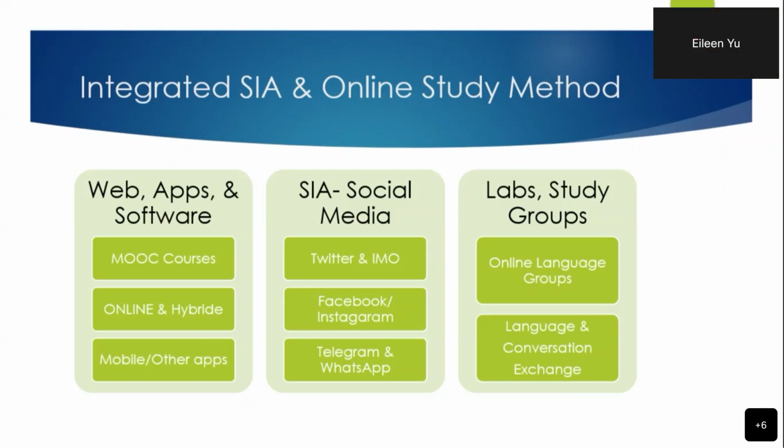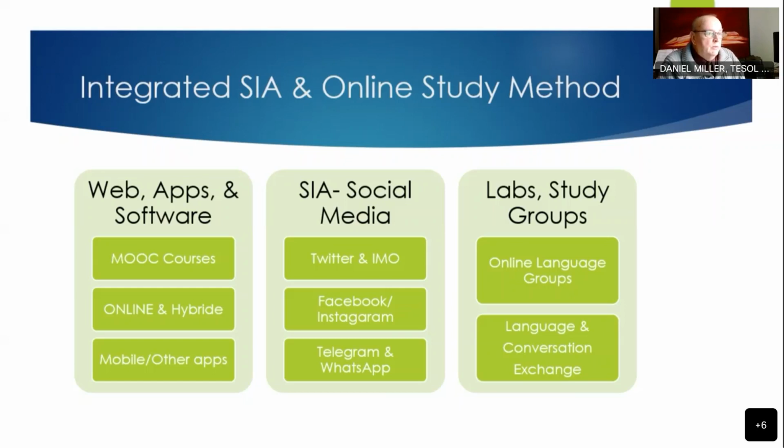Okay. So MOOC courses, those are things like TEDx and edX and Coursera, Udemy. Those platforms have many MOOC courses. There are online, fully online courses and hybrid courses. A hybrid course is partly online and partly in person in class, so it's a combination.